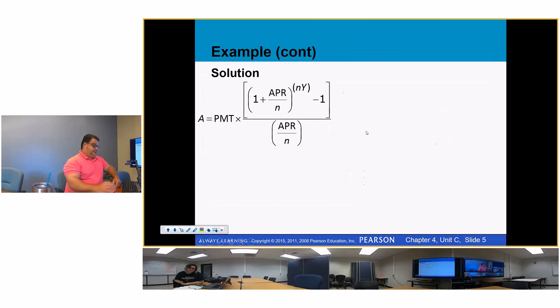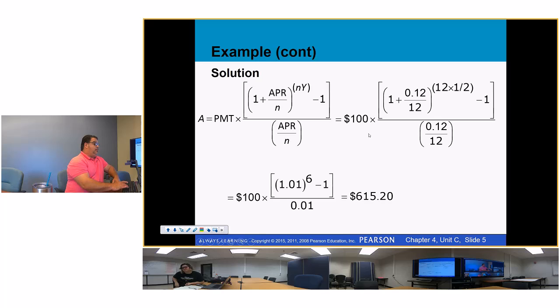All right, so there's the current slide. Now, I want everybody to look at this slide, and I want you to say, okay, what are we doing? We're making payments for 6 months, and in a savings account, how is that calculated?